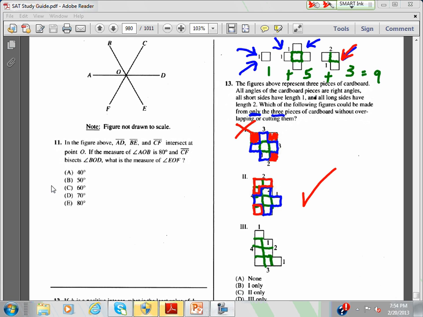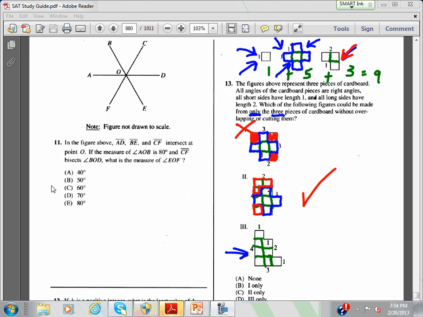Okay, and lastly, could we fit our biggest, clumsiest shape into the third shape? Well, we can't even find a place for this shape, so we know automatically that this is out because there's no way to fit this into this shape.